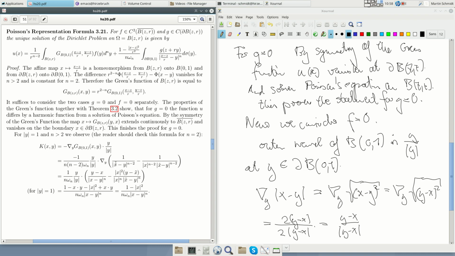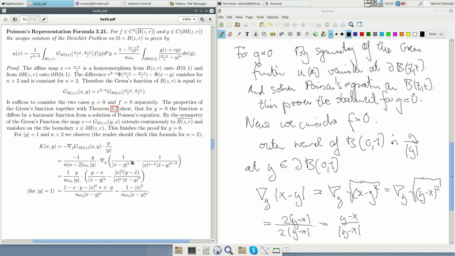Now the outer function is clearly this to the power of 2 minus n. So we multiply by 2 minus n. This cancels with this and this minus. Here and here we both have these exponents, so we cancel them. The same is of course true if we replace x by x tilde.